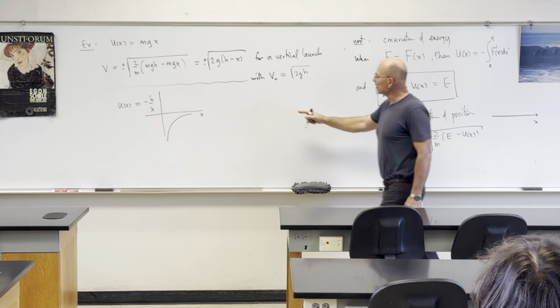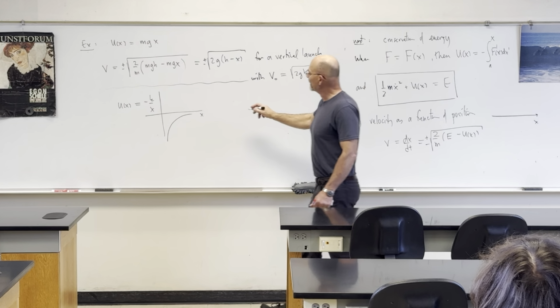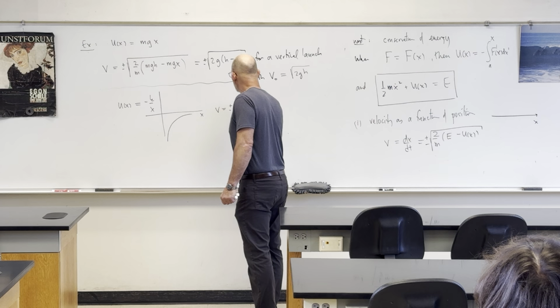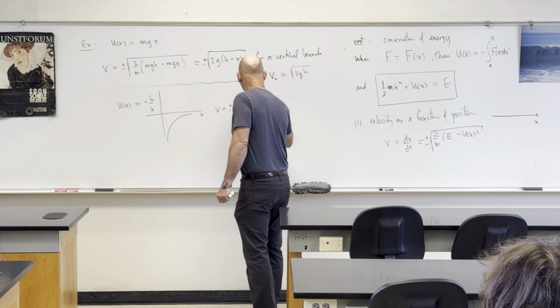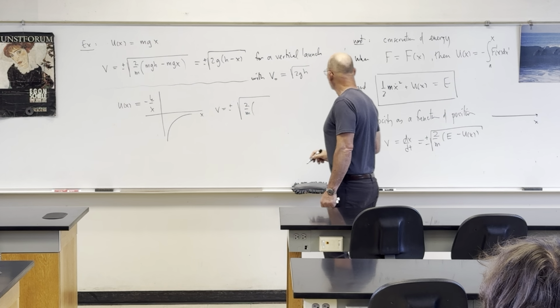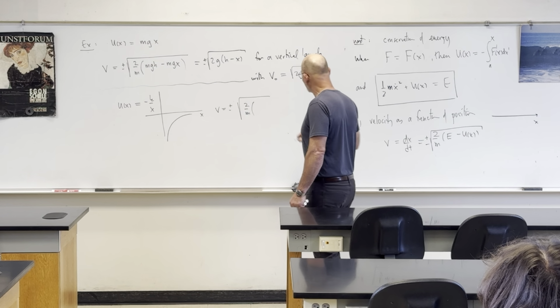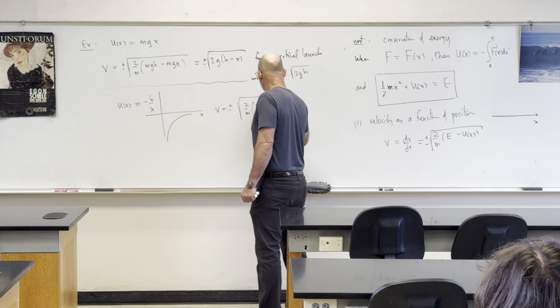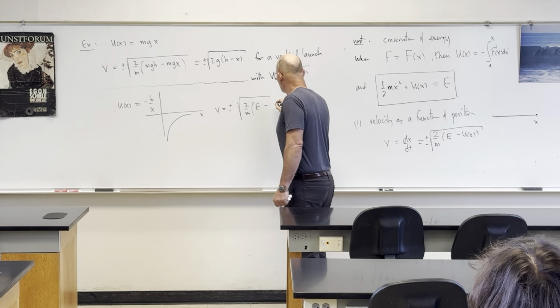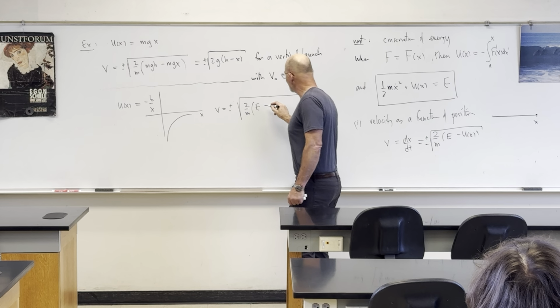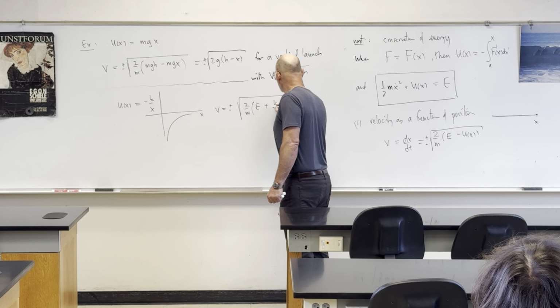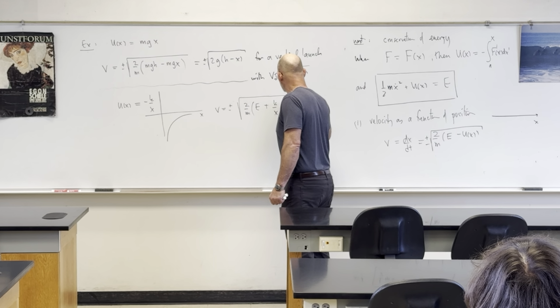Well, we're just going to go ahead and see what happens when we plug in. Plus minus root 2 over m. Now we don't have a value for the E yet. E minus negative k over x, so E plus k over x.